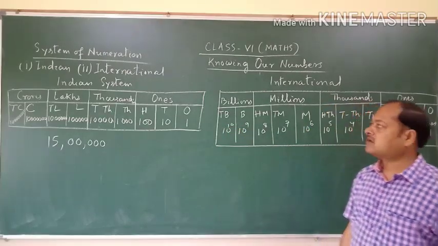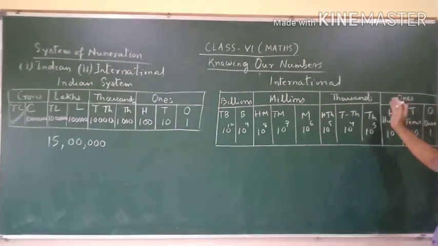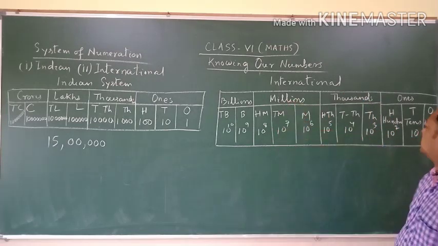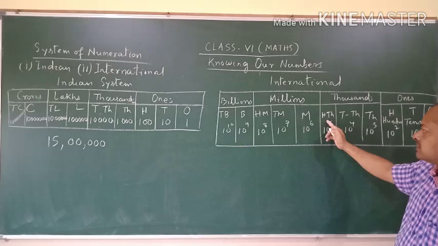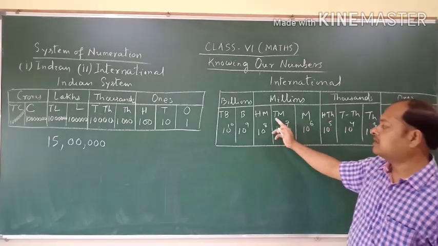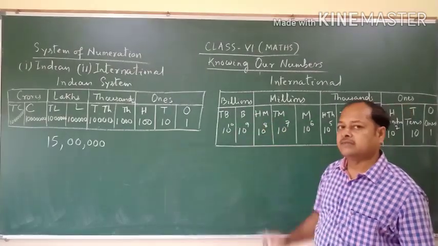So what is the order? Thousand, million and billion. You can say 1, 10, 100, 1000, 10,000, 100,000, million, 10 million, 100 million, billion and 10 billion, like this.